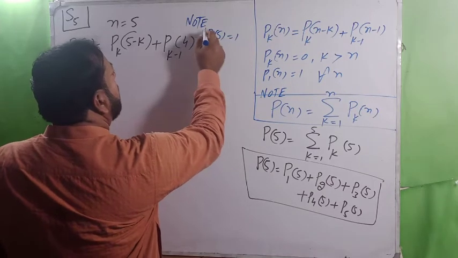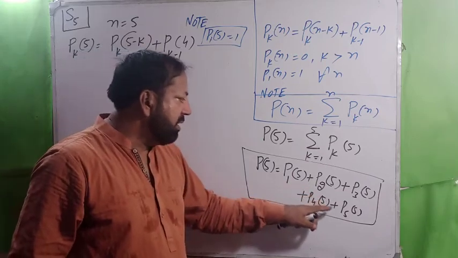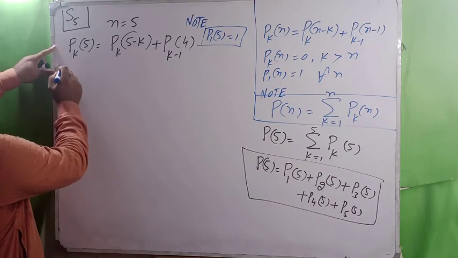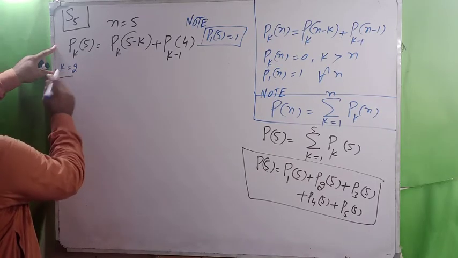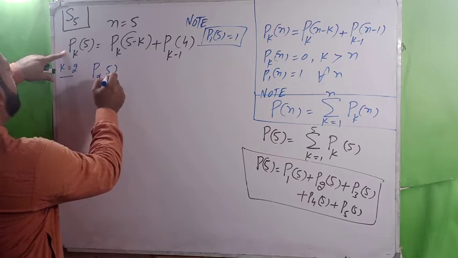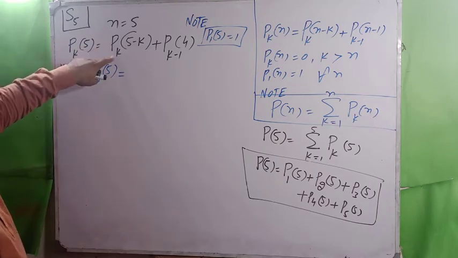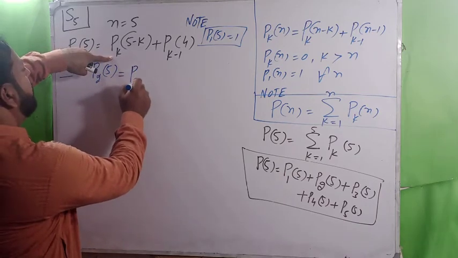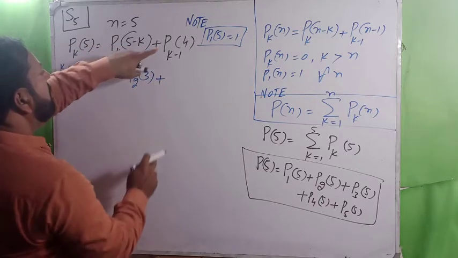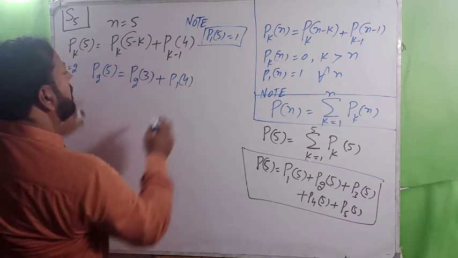P15 is equal to 1. You have calculated P15. Now you can find P25. Put k equal to 2. So P25 is equal to P2,5 minus 2, this is 3, plus P2 minus 1, P1,4.